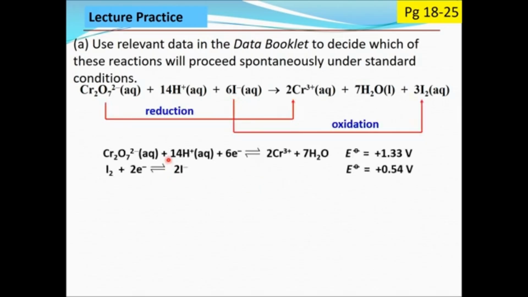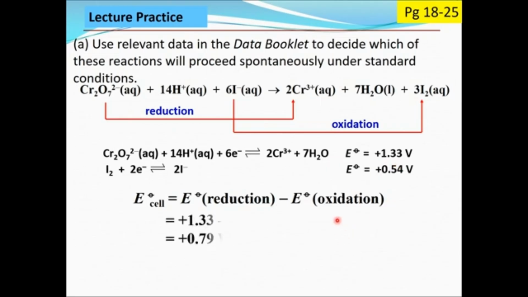So these are the relevant half equations that you will be able to find in the data booklet. Alright, and having said that, despite that it is multiplied by 6 here, you do not do anything to the electrode potential value. Don't go and multiply by anything. But the skill here is to decide and substitute: the reduction that you hope to happen is the 1.33. Oxidation is 0.54. So you should get a positive value here of 0.79.